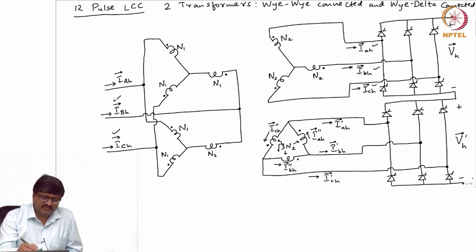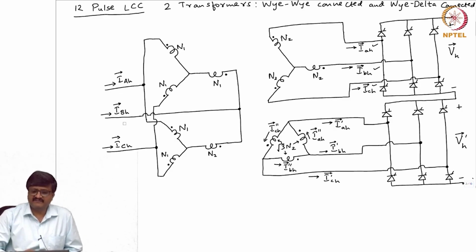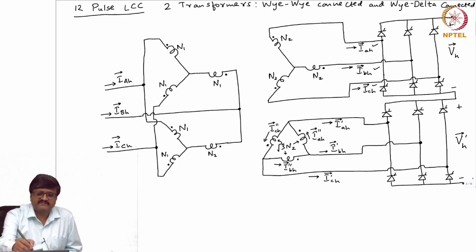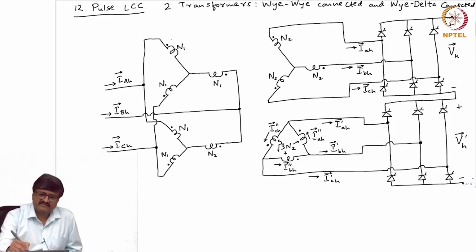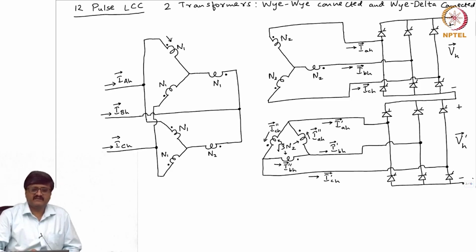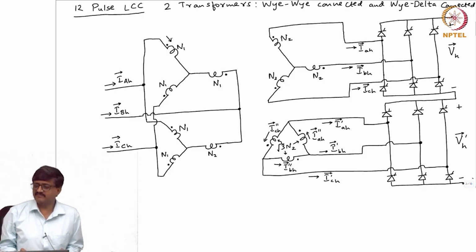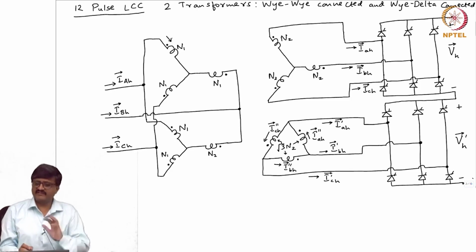So, to find the currents which are fed to the 12 pulse LCC, I know what is the current that is flowing, for example, here. Okay, let me just erase this. What is the current that flows here? Can I write an expression for this current in terms of a current which is already in the figure?